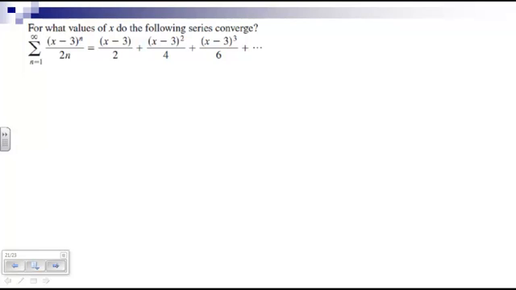What do you suppose we do first? 2n plus 2. And then we can just multiply that by the reciprocal, so 2n.